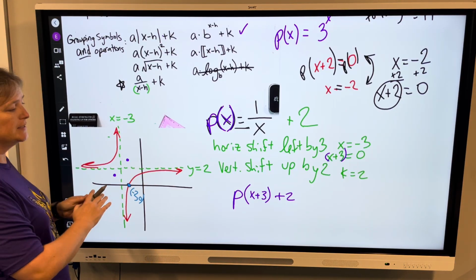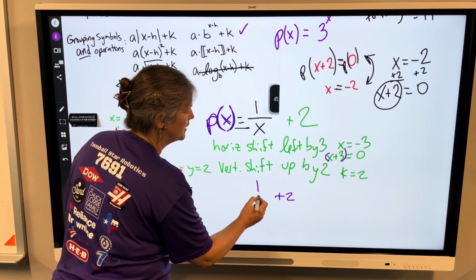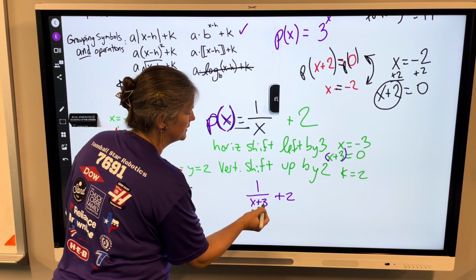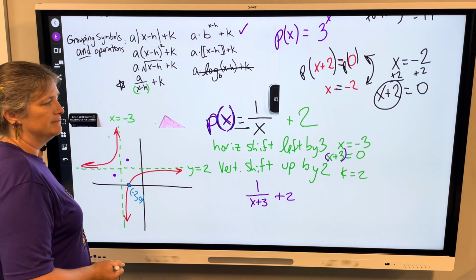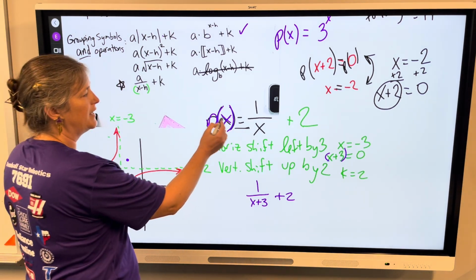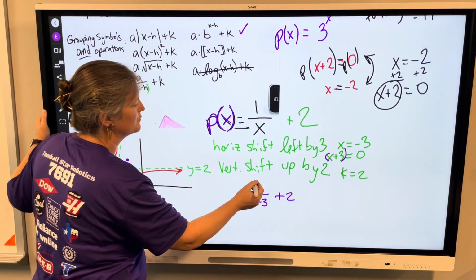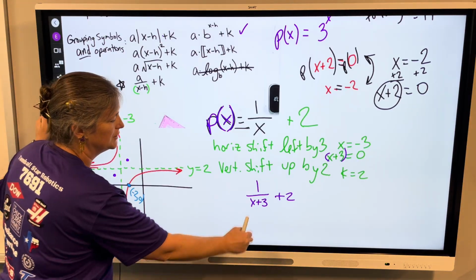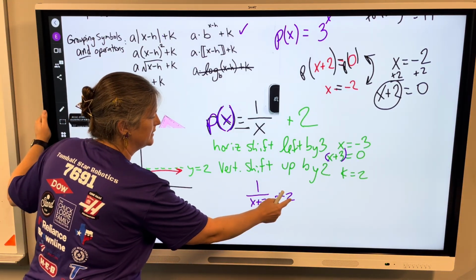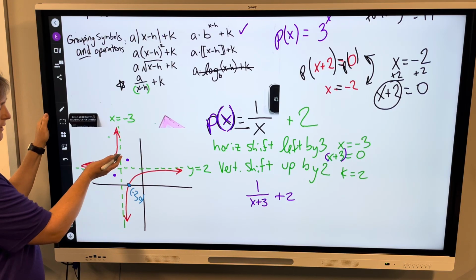By the way, my parent is the 1 over x, so I can replace p of x plus 3 with 1 over x plus 3 because I know exactly what my parent is. P of x is 1 over x, so p of x minus 3, or x plus 3, is 1 over x plus 3. This is the reciprocal function shifted left by 3 and up by 2. Left by 3, up by 2.